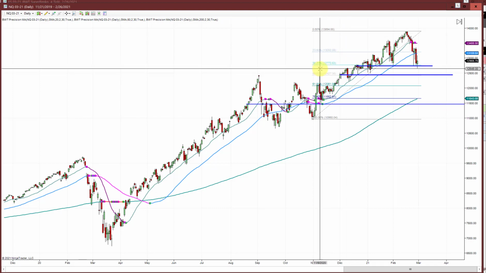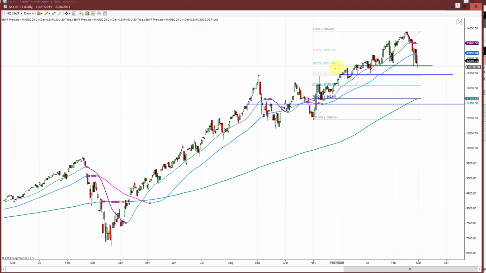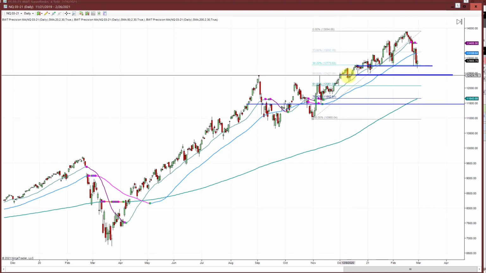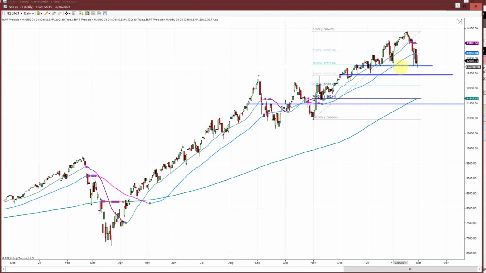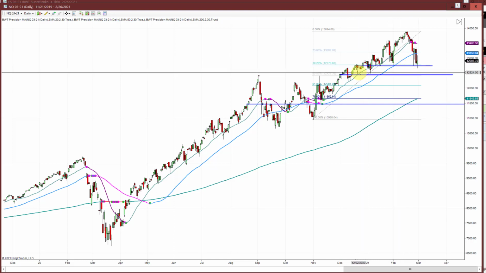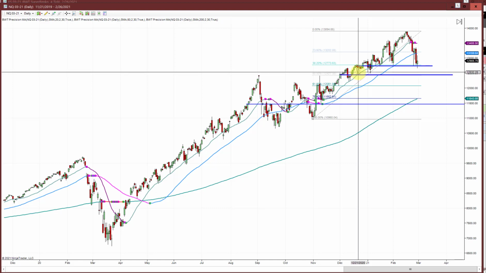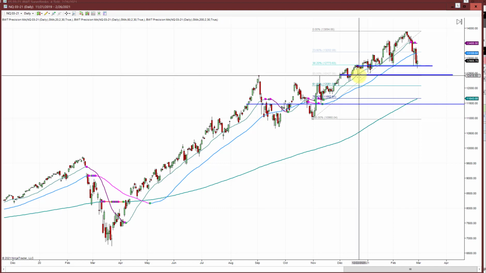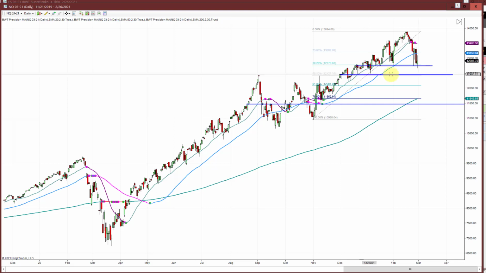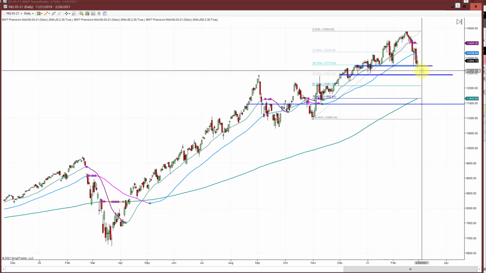And so I drew a trend line here, and then another trend line here at the 50% retracement, because if the market falls further, it's undoubtedly going to find support in this 12,500 level or so, all the way down to 12,450. 12,500, 12,450 will undoubtedly be key areas of support if the market continues to decline.